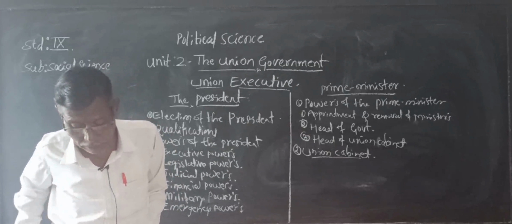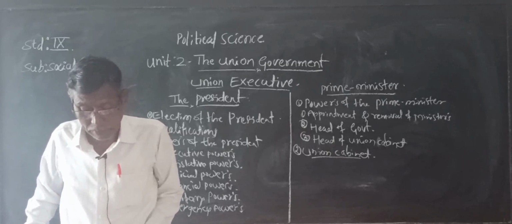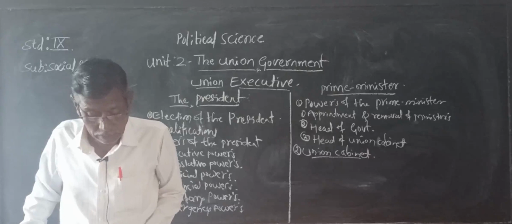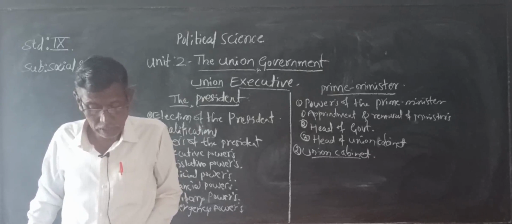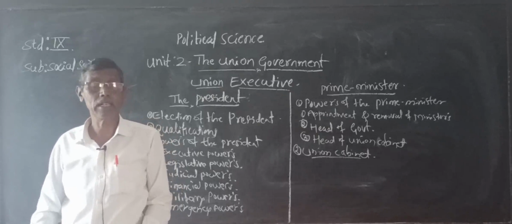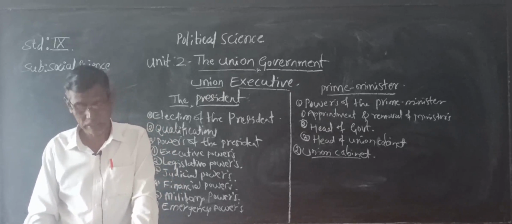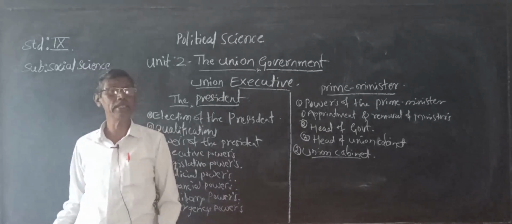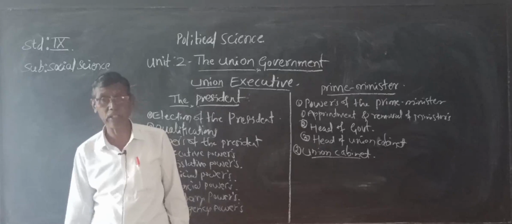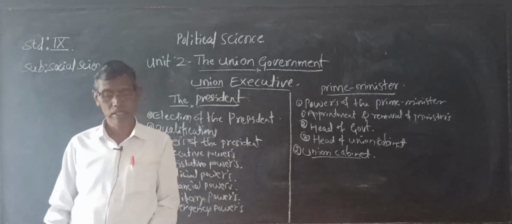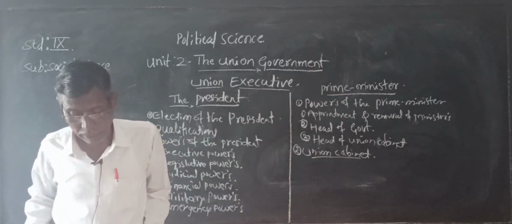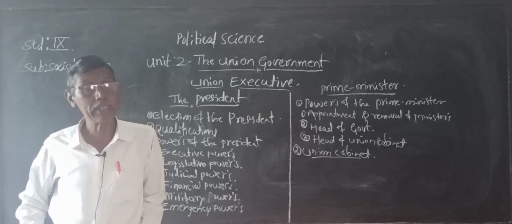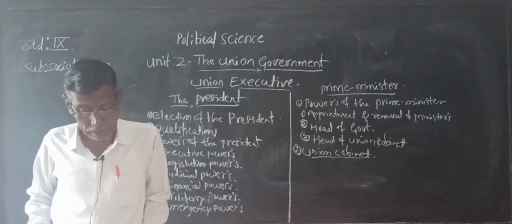Now the state emergency: based on the report of the governor of the state, or if the state government for any reason cannot function according to the principles of the Constitution. If there is any threat or disturbance in any state, that time the President can declare emergency under article 356.